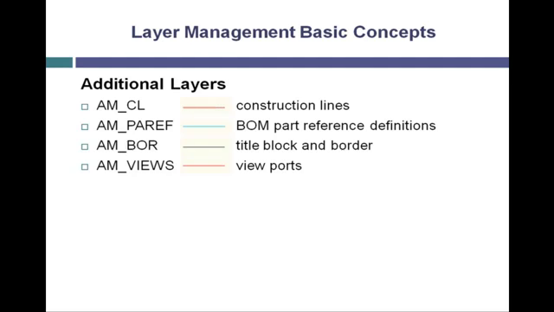It has a red color and a continuous line type, and is used when viewports are created either by AutoCAD Mechanical or by the AutoCAD commands when AutoCAD Mechanical is being run. AM_INV is used for invisible edges when using Mechanical to make drawings of inventor models.